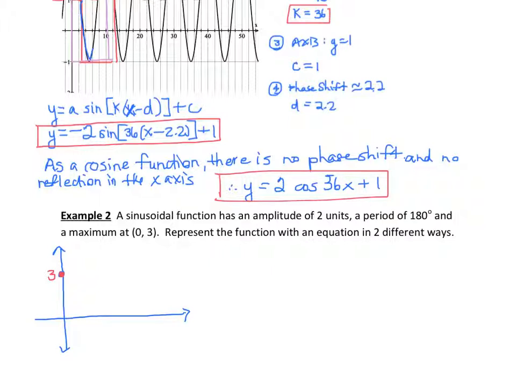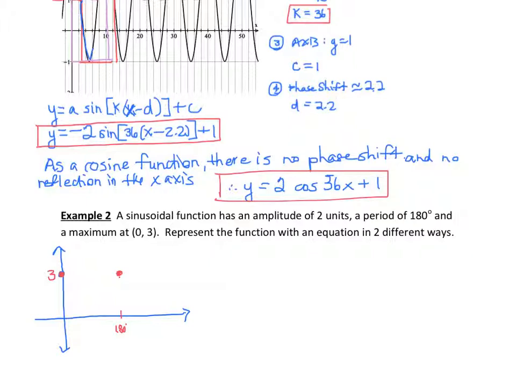And the period of the graph is 180 degrees. So that means at 180 degrees, I have another max point, and one full cycle in between those two.